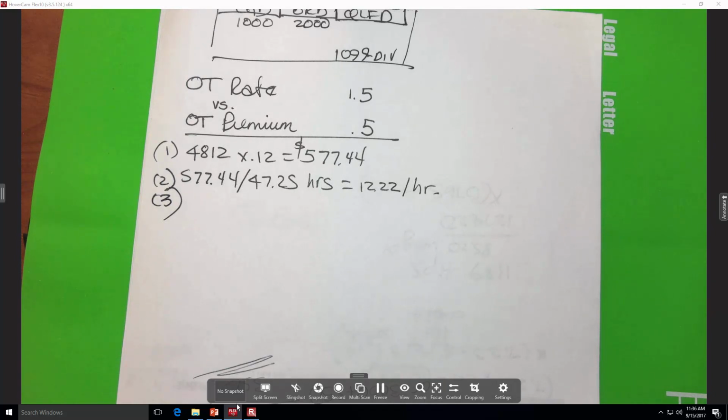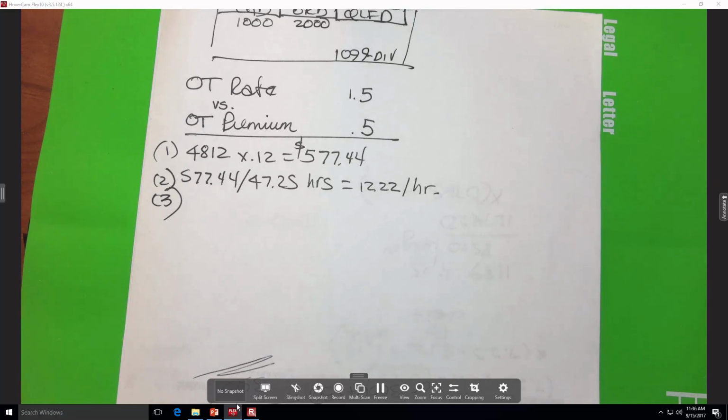How am I going to figure out what I pay him for that last 7.25 hours in addition to his 577? Multiply what by what? Not 1.5, because he's already making $12.22 an hour for the whole 47 hours.